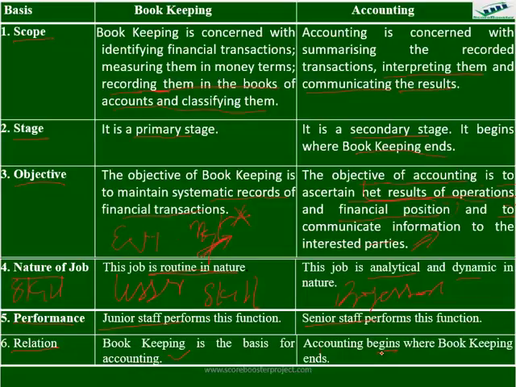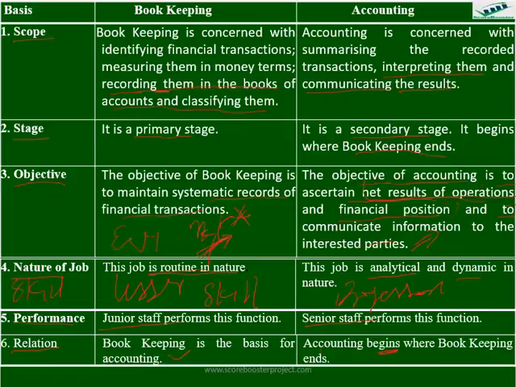So these are the basic differences or the meaning of these two words. I would like you to ponder upon these, because this serves as a basis for anything you want to know about accounting, even at any level of education.